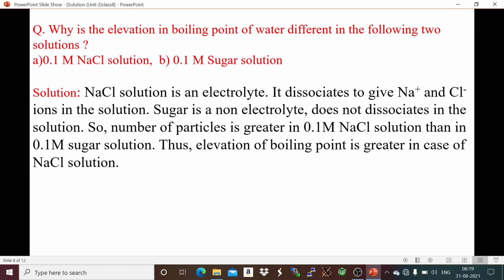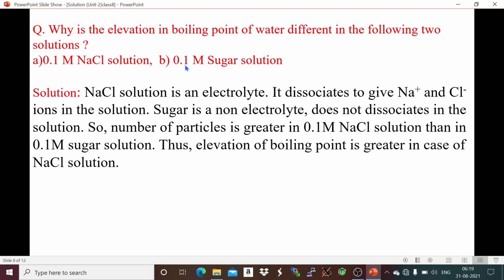When we dissolve some solute, the colligative property value changes. Colligative property values depend upon the number of moles of the solute, not on their nature. Here this is 0.1 mole of sugar and this is 0.1 mole of sodium chloride.